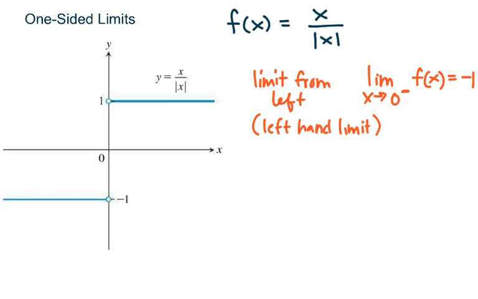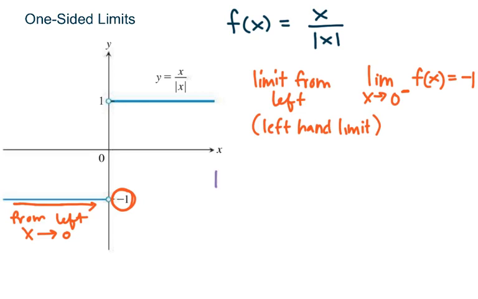If we travel along our function from the left, approaching x equals 0, where does my y value go? My y value goes to -1. So that represents my limit from the left, my left-hand limit.